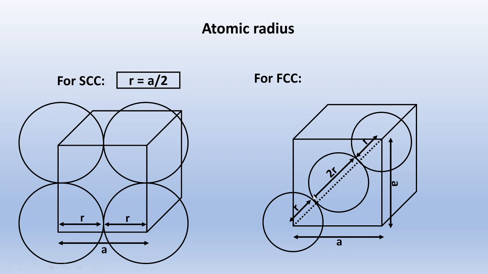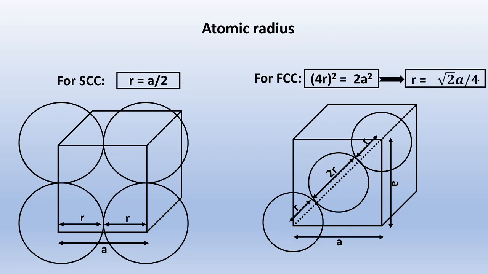So R plus 2R plus R, that is 4R, squared, 16R square, is equal to A square plus A square, that is 2A square. And if we further simplify it, we can calculate R, which comes out to be root 2A by 4. So atomic radius for SCC is very simple, just half of the side of the cube, but for FCC it is root 2A by 4.